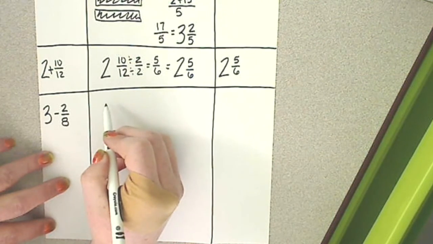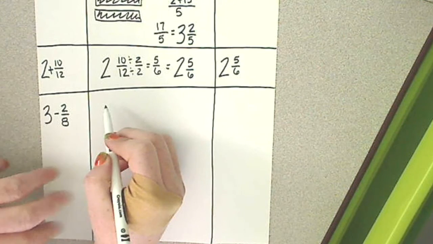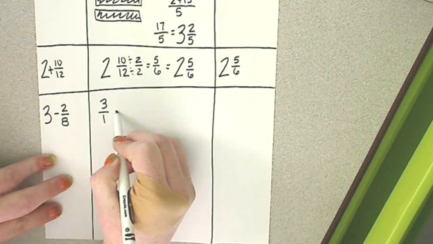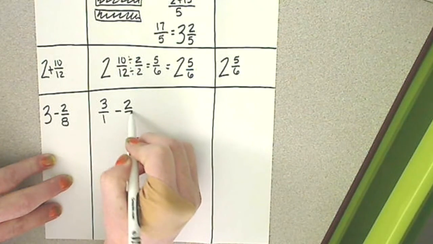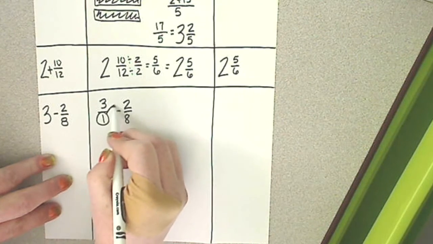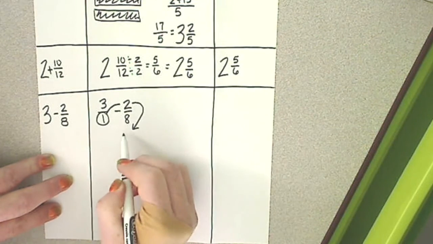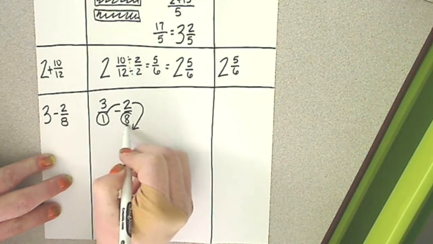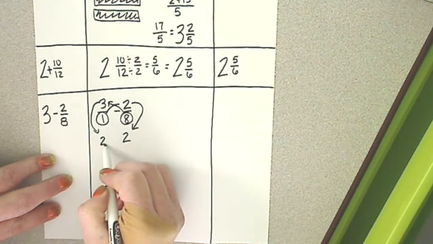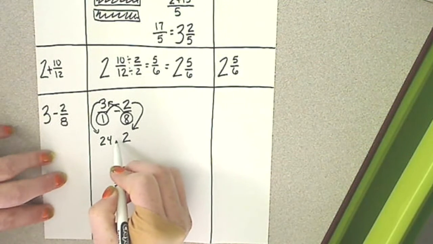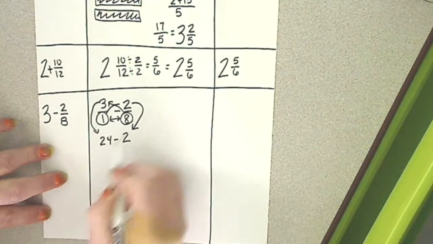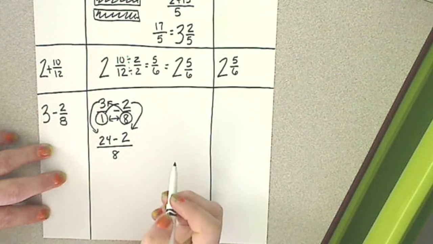So the first thing I need to do is convert 3 into a fraction. So it's going to be 3/1 minus 2/8. Okay. 1 times 2 is 2. 8 times 3 is 24. So 24 minus 2 over 1 times 8, which is 8.